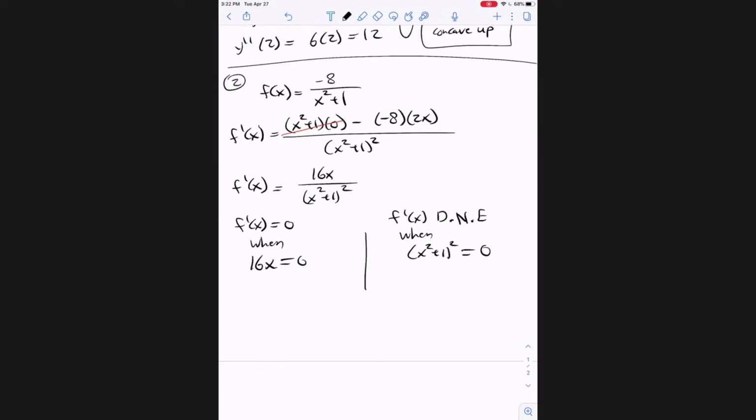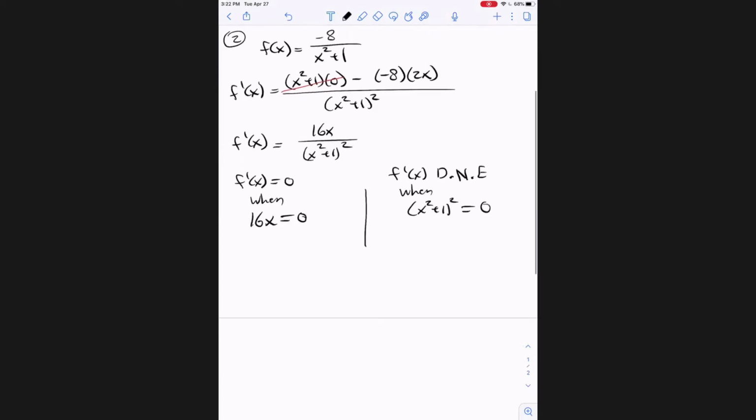So you've got to watch out for two things when you have a derivative that's a fraction. In this case, 16x equals 0 is just x equals 0. On the right side, if I square root both sides, x squared plus 1 equals 0, x squared equals negative 1, x equals plus or minus i. There are no real zeros here.